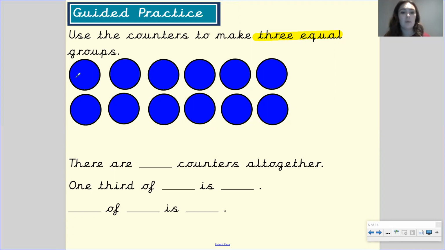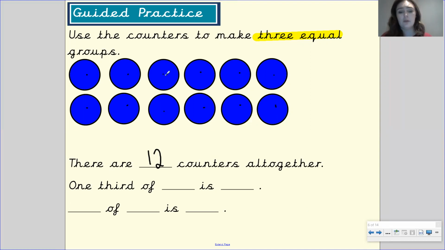But first, let's start by counting how many counters there are all together. So let's do this together. 1, 2, 3, 4, 5, 6, 7, 8, 9, 10, 11, 12. So we can say that there are 12 counters all together.